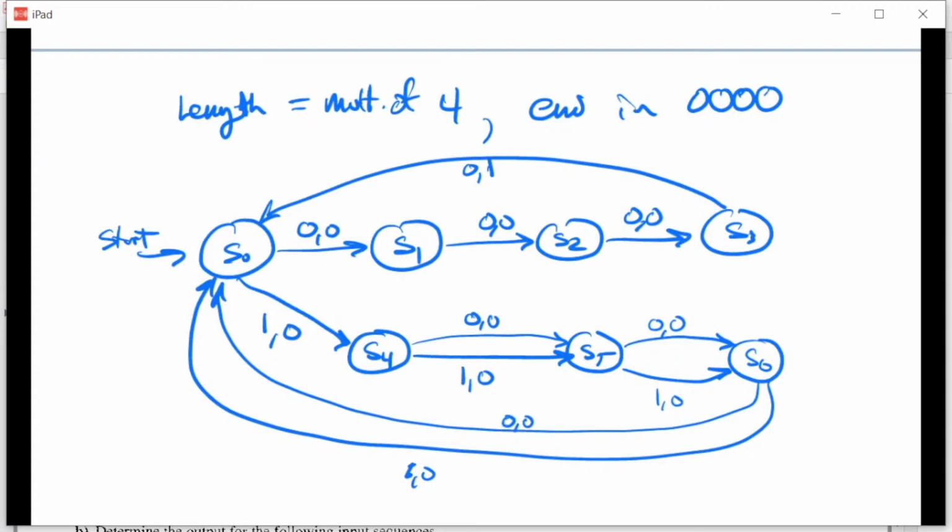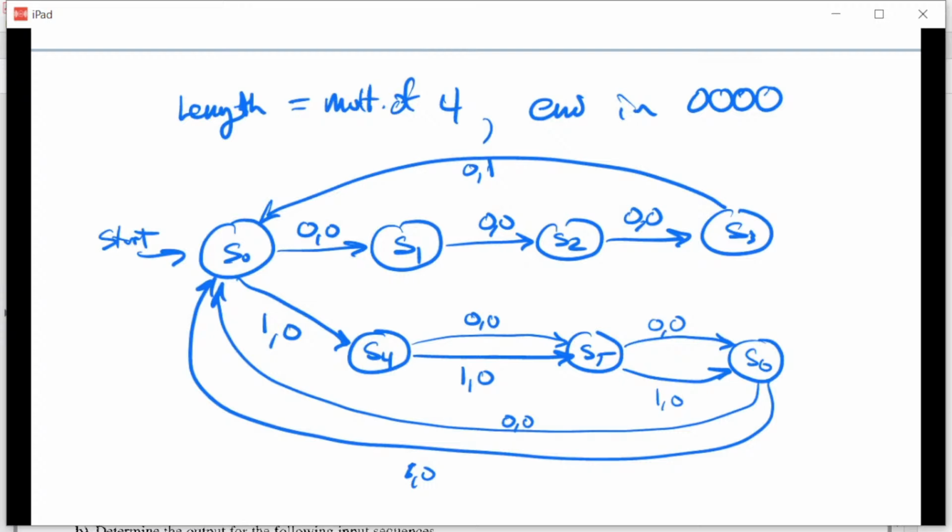Okay, so we're almost done, but let me just explain here. As I move across, these states are counting the number of characters in my word. So at S0, just think of that as being, if you're here, you have a multiple of 4, maybe 0. And then if you're in this column, you have a multiple of 4 plus 1, so maybe 1 or 5 bits. If you're here, you have 2 more than a multiple of 4, and here you have 3 more than a multiple of 4.